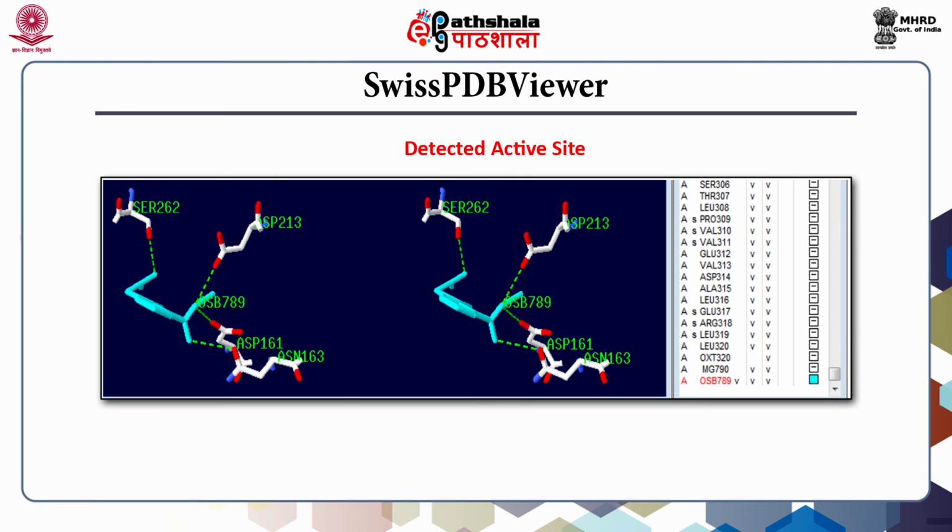However, 4 residues, that is Asp161, asparagine 163, aspartate 213 and serine 262, could be detected by PDBViewer version 4.1.0 to hydrogen bond with bound OSB. This reveals the binding pocket of the enzyme OSBS. The binding pocket determines the substrate specificity.